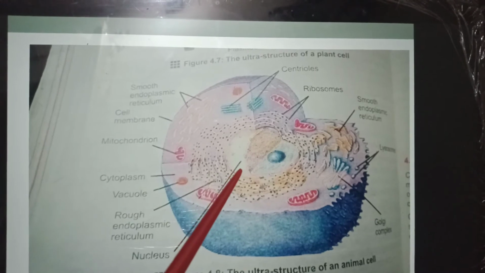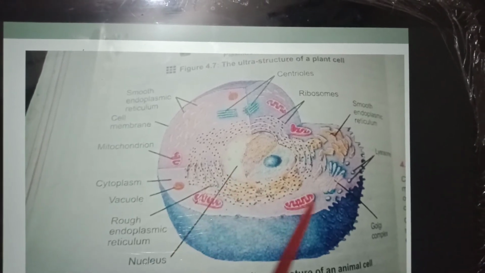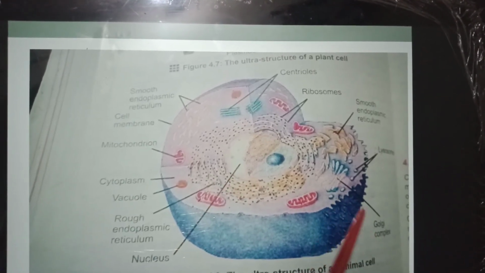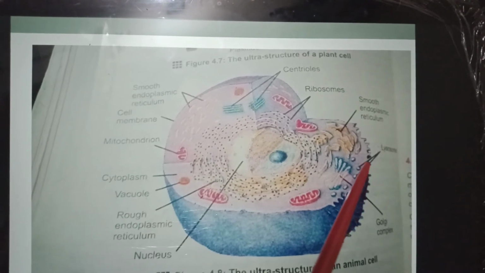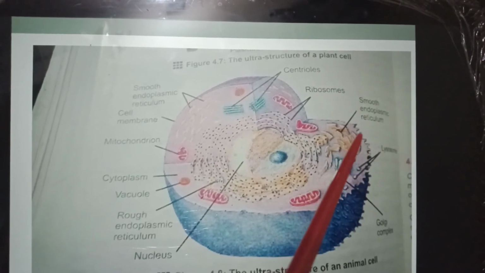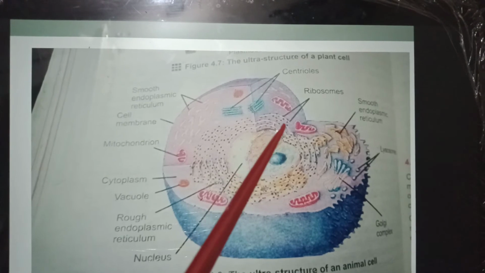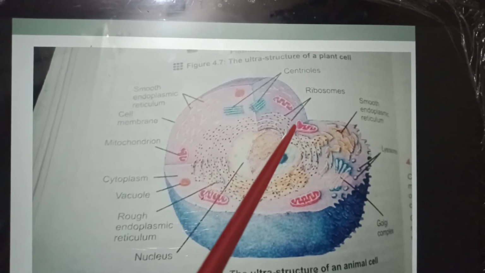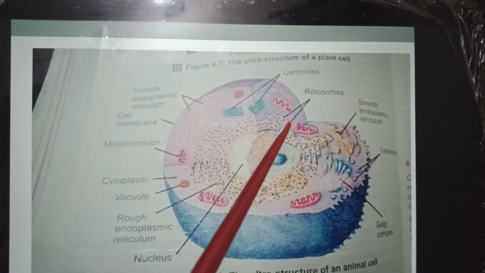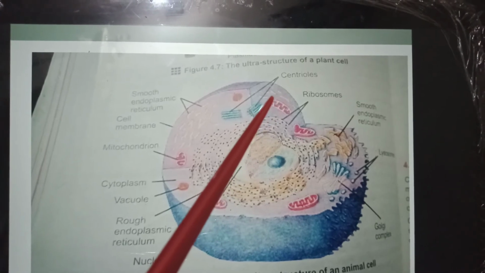Here is the nucleus and it is in the center. Here is the Golgi complex, lysosome, smooth endoplasmic reticulum, ribosomes, which are granular, and centrioles.